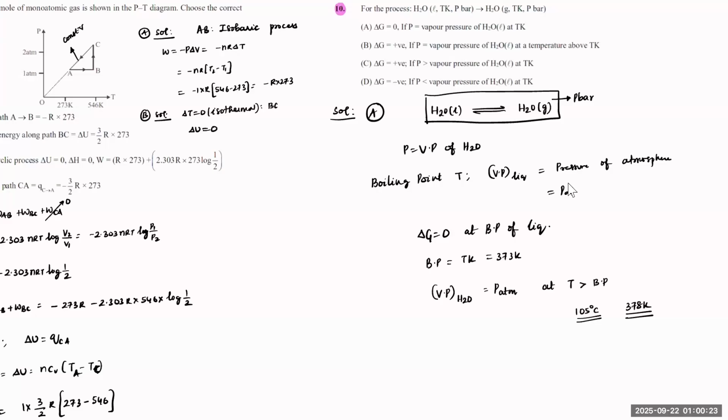Will the boiling point be the same when you are somewhere in the Himalayas, at an altitude? Let's say you went to Kedarnath, which is around 3,700 meters above sea level. When you are boiling water at Kedarnath, the boiling point will not be 100 degrees. It will be around 90 degrees only. Why is that?